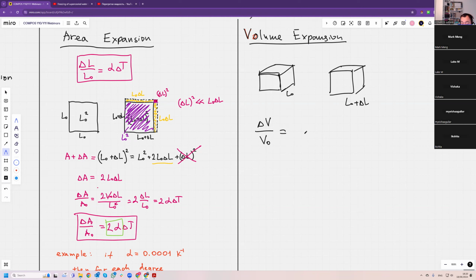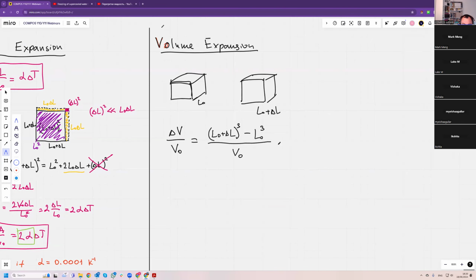Okay, so the change in volume is going to be the new volume, (L0 plus delta L) cubed, minus the original volume, which is L0 cubed, divided by V0, the original volume.